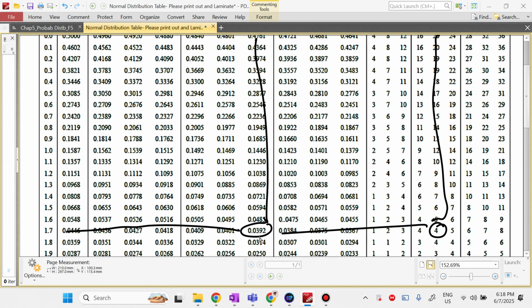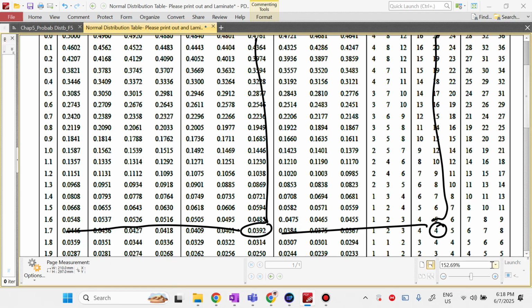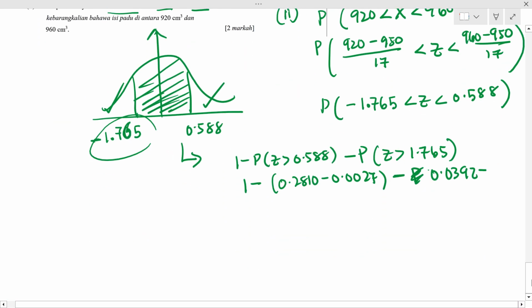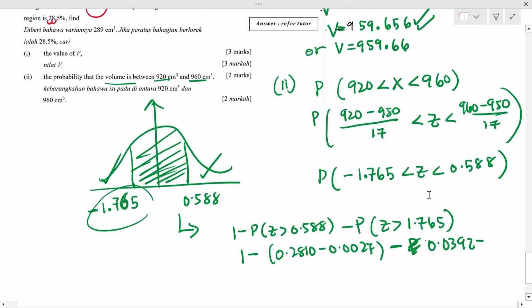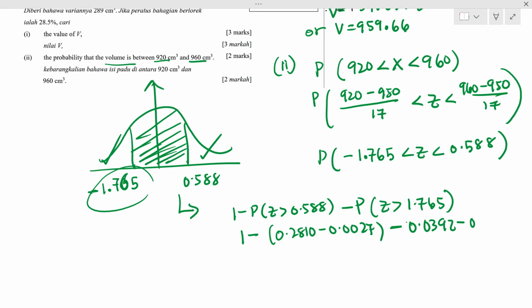Okay, that means 0.0392 minus 4. 0.0392 minus 4, which is 0.0004.